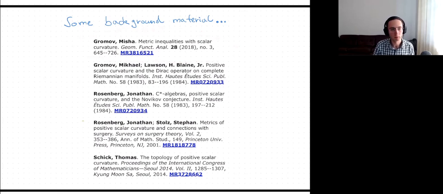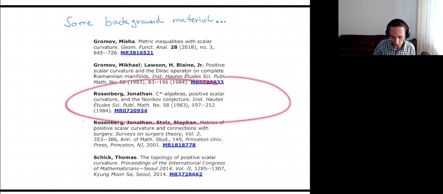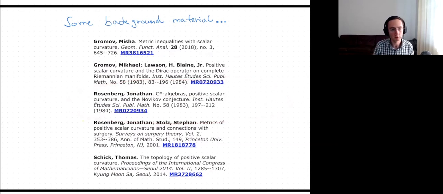Then a lot about index theory, positive scalar curvature and the Dirac operator: the foundational work on this is the 1983 paper of Gromov and Lawson, and the addendum to this, due to Rosenberg, where this is reinterpreted in terms of C-star algebras and the Novikov conjecture.